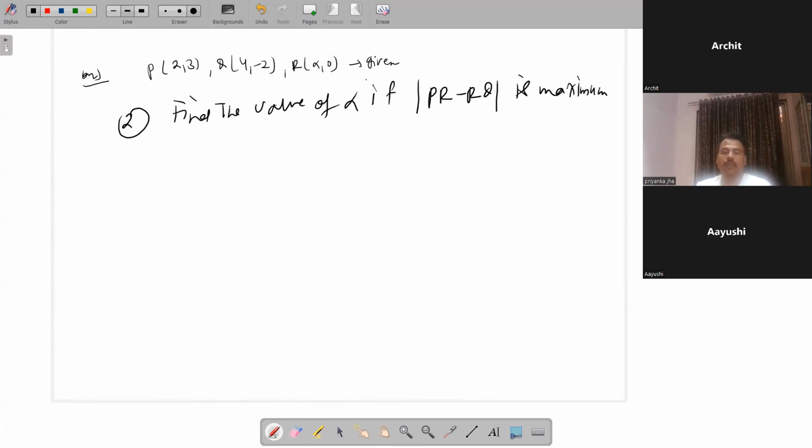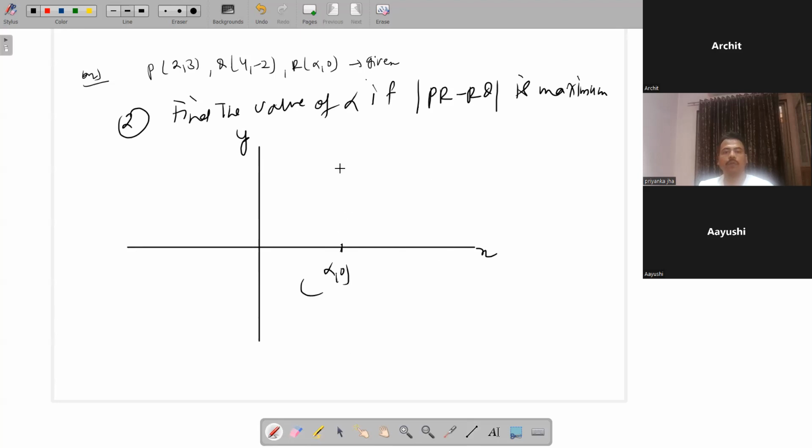Now you can see that. Again, you draw the axis. This is x-axis. This is y-axis. This is R, that is alpha comma 0. P is somewhere here, that is 2 comma 3. And Q is somewhere here, that is 4 comma minus 2. And now you can see that you have PR minus RQ.